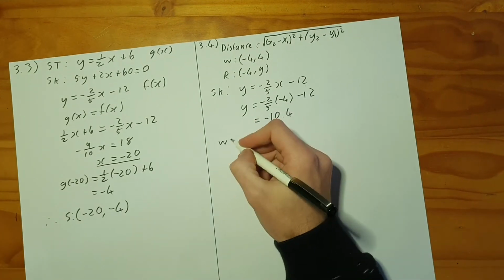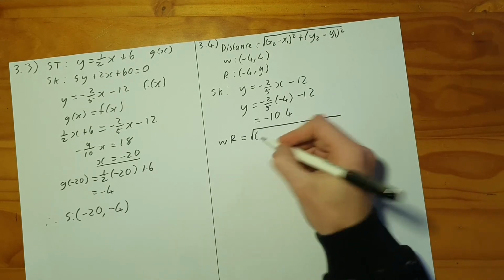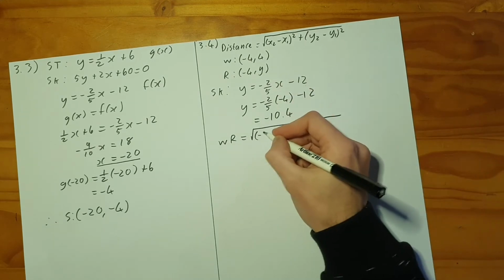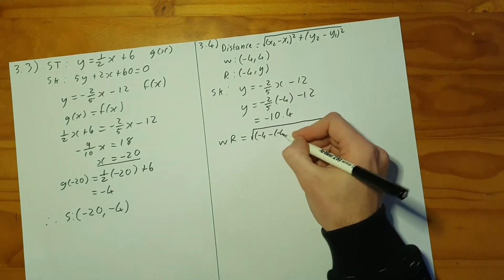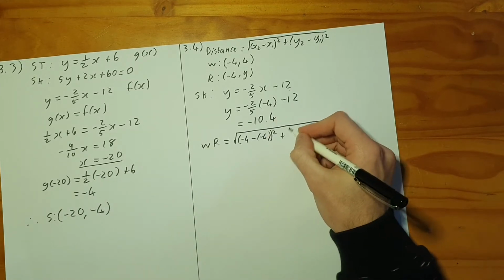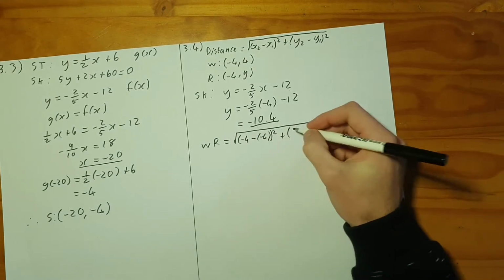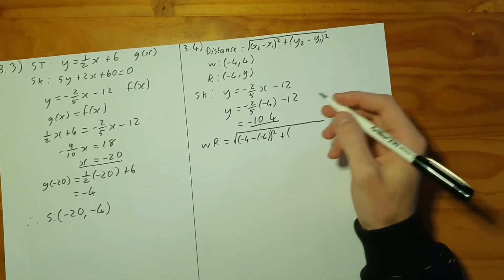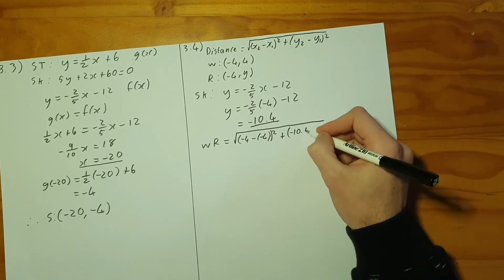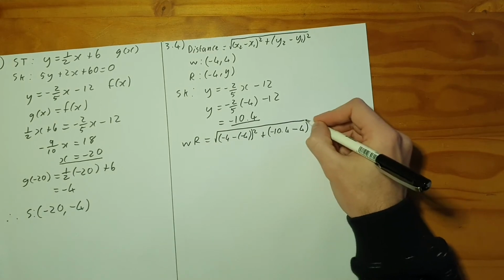So WR is going to equal the square root of x2, so I'm going to use x2 as negative 4 minus negative 4, squared, plus then y2 is going to be this value over here. So I'm going to take it as negative 10.4 minus 4, and that's all going to be squared.